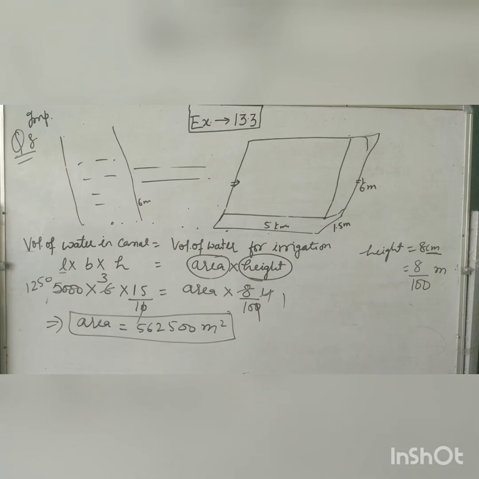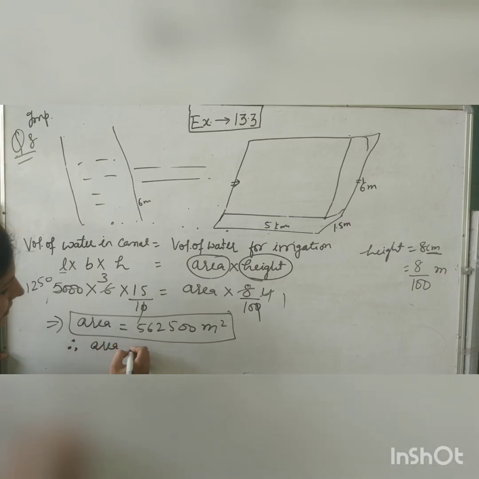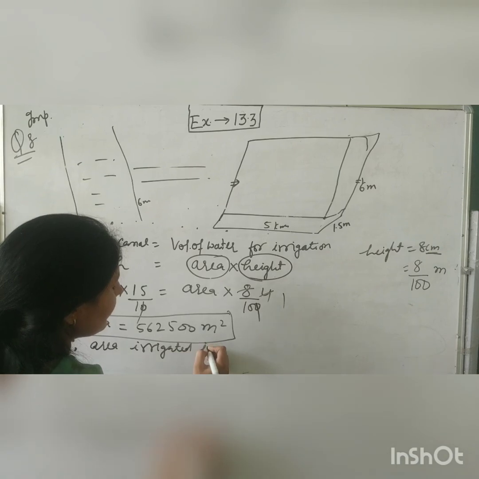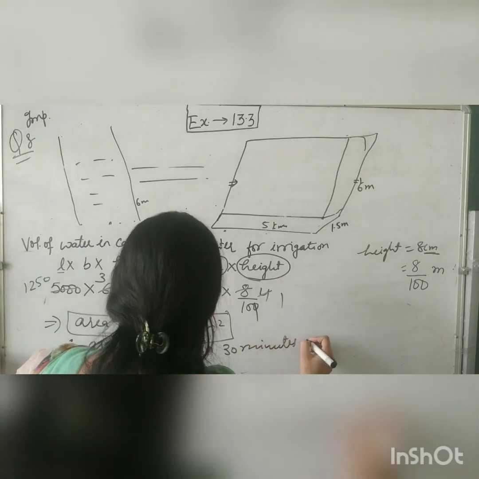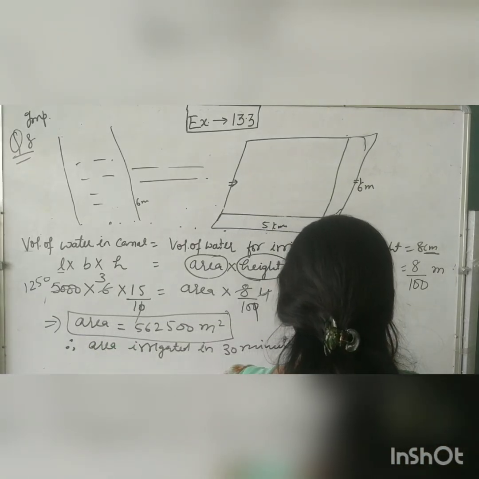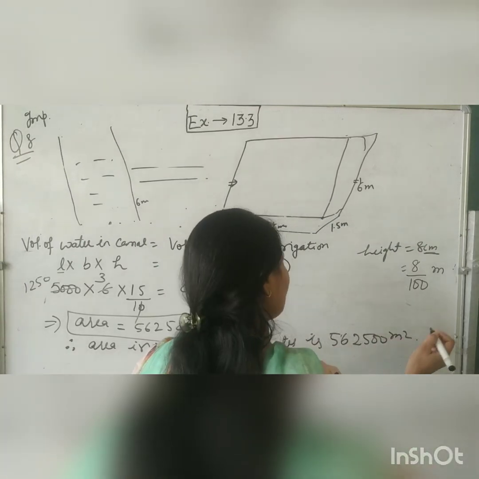Therefore the area irrigated in 30 minutes is this.